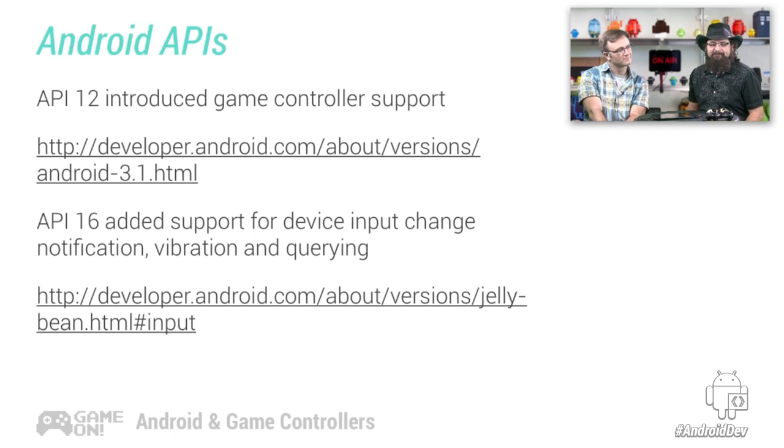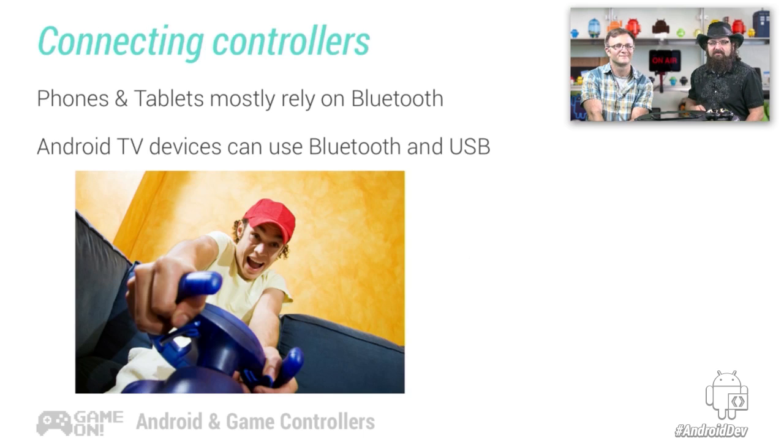All right. So moving along here. So, connecting controllers. This is sort of the first step in being able to use them. Phones and tablets, you're typically going to rely on a Bluetooth connection because it's really hard to plug a fat USB port into your Nexus device, I found anyway.